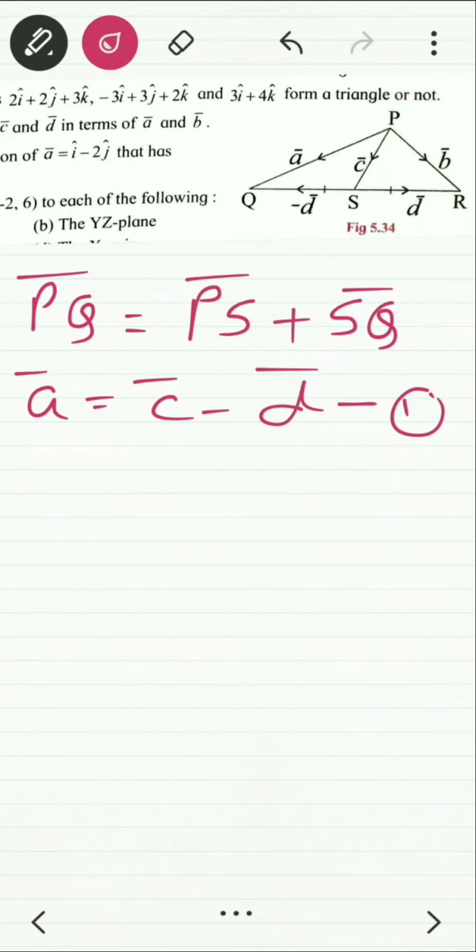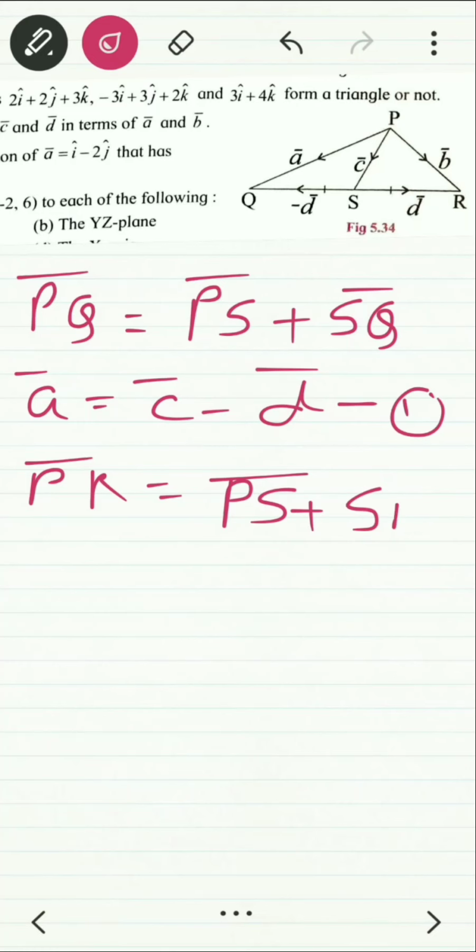Then we go to the other triangle, triangle PSR. By the triangle law, we have PR bar, which becomes PS plus SR. So from the figure, B bar is equal to C bar plus D bar.